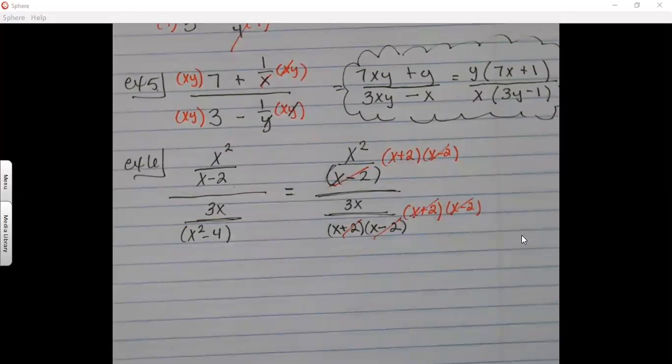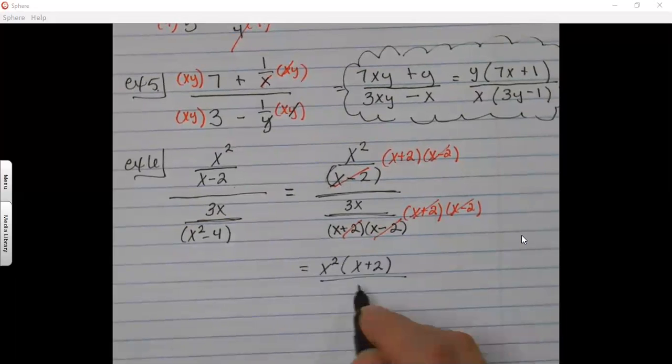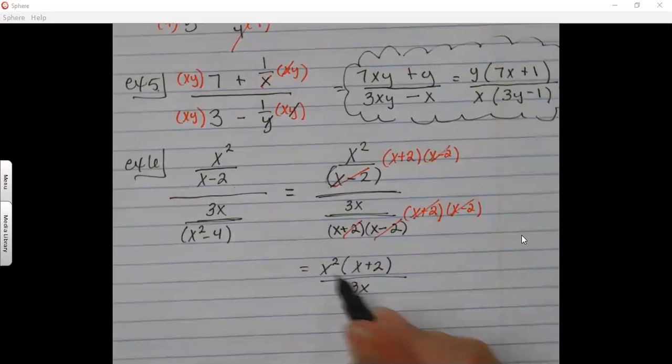So in the numerator, I have x squared times the quantity of x plus 2 over, and the denominator, all I have is a 3x. Okay, hey, before I distribute that numerator, x squared is a monomial, 3x is a monomial. Can I just reduce? It doesn't have to be all or nothing for a monomial, right?